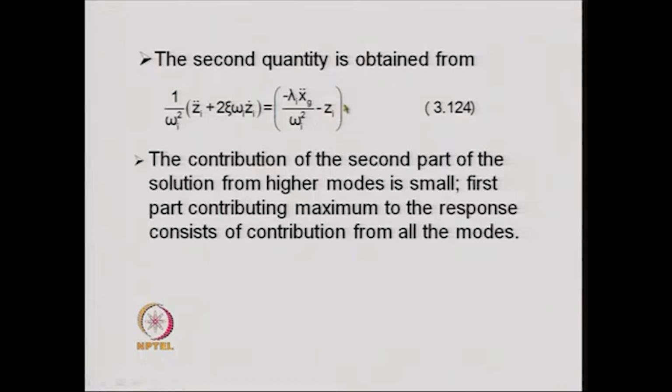We can get the information about these two summations divided by omega I square by knowing z I only, because lambda is known, x double dot g is known, and therefore, by knowing only z I, we can obtain the summation of these two quantities. So, that makes the entire calculation shorter and simpler.